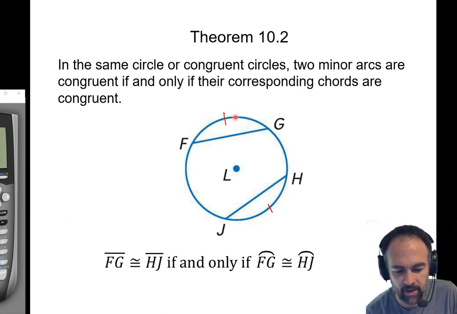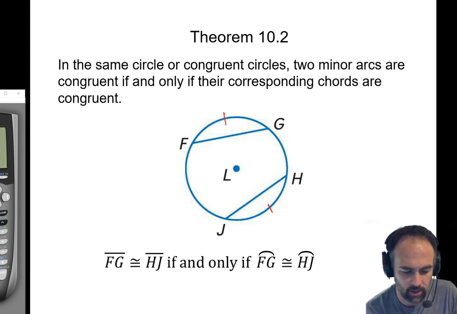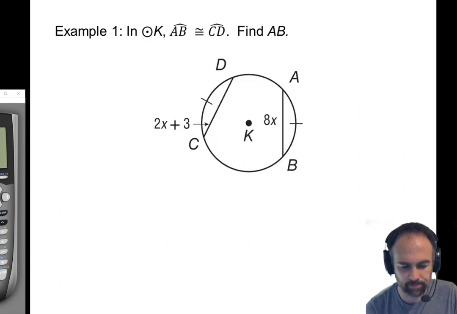So if arc FG is congruent to arc JH, then segment FG is congruent to segment JH. Congruent arcs have corresponding congruent chords and vice versa. Those two chords are congruent.